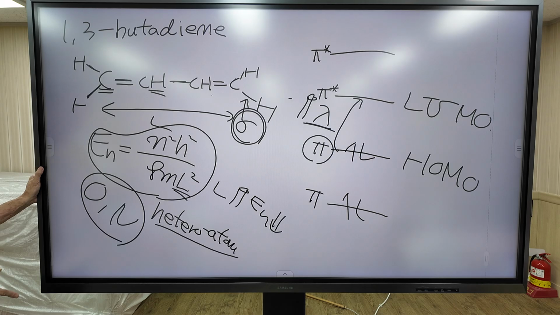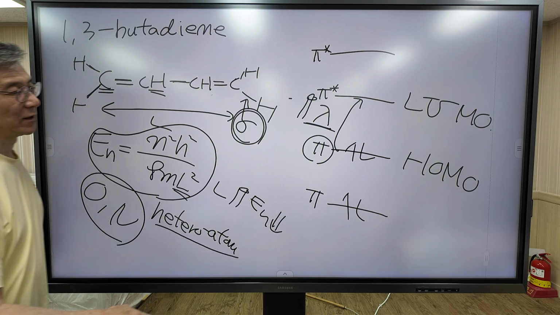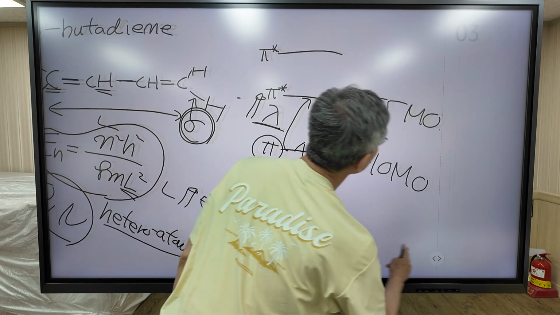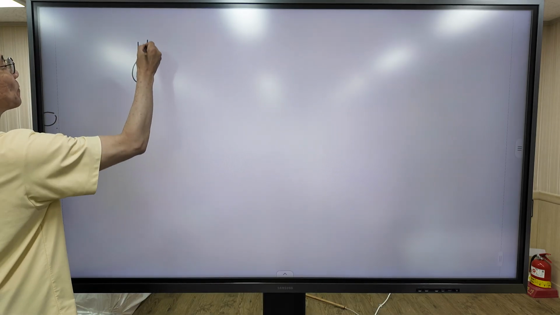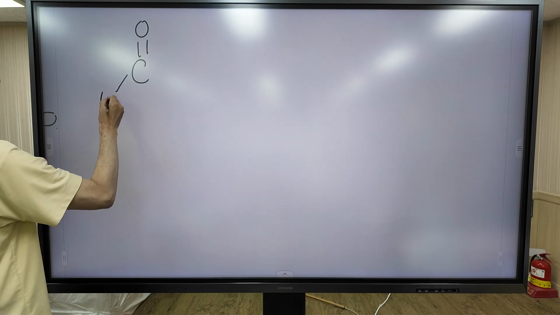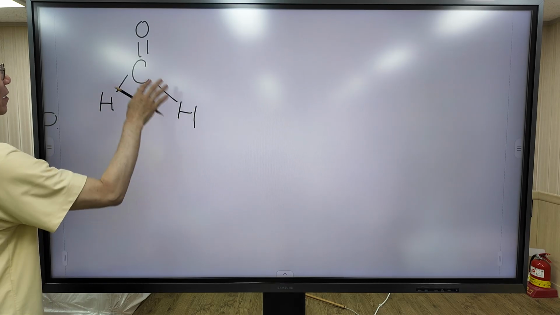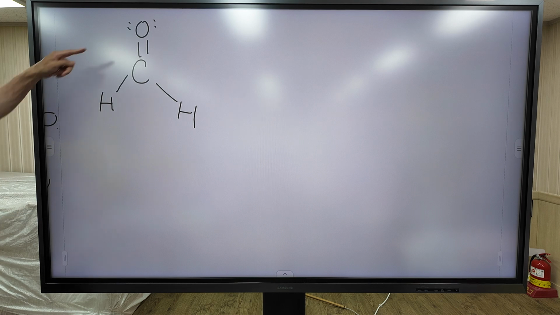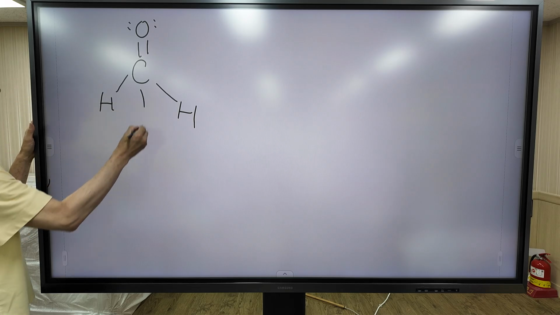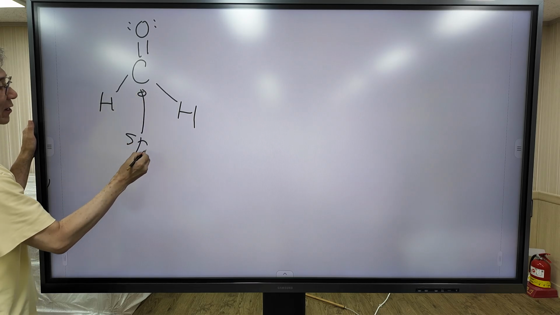A classic example of an organic molecule which contains a heteroatom is formaldehyde. The molecular structure of formaldehyde looks like this. And the oxygen atom has 2 lone pairs. This is the heteroatom. To explain the molecular electronic structure, we are going to use sp2 hybridized orbital.